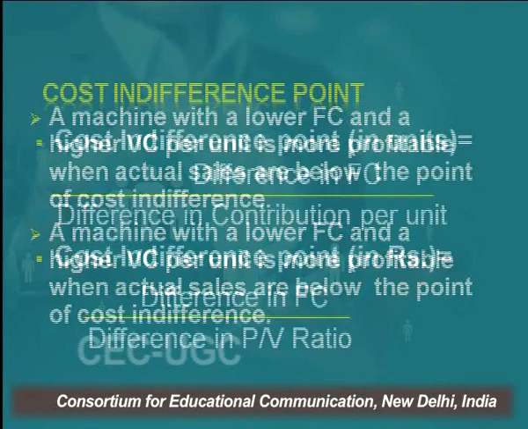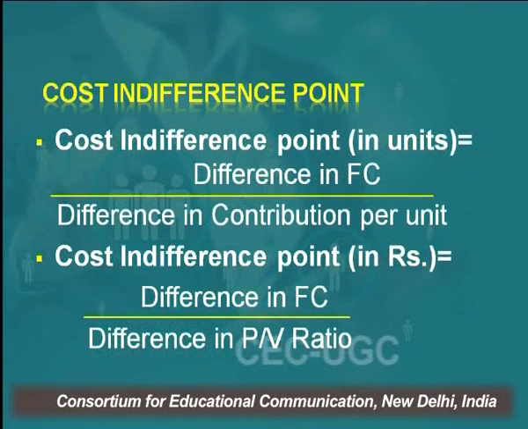So this is important. The cost indifference point in terms of units is the difference in fixed cost divided by the difference in contribution per unit. So in this way you can find out the cost indifference point. The formula is difference in fixed cost divided by difference in contribution per unit.